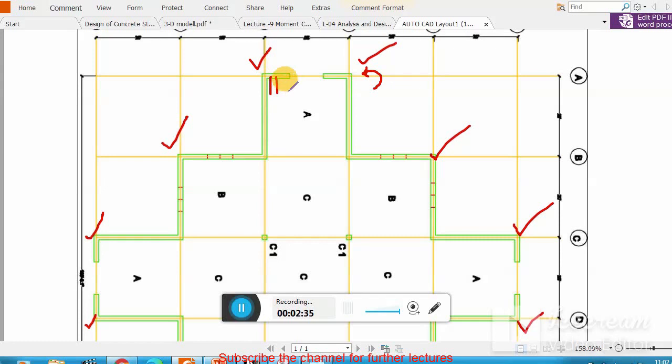One pattern is this one: we provide extra bars, top and bottom as well. This arrangement, top and bottom bars. Similarly at the lower portion, we provide the same torsional reinforcement in both ways, top and bottom.